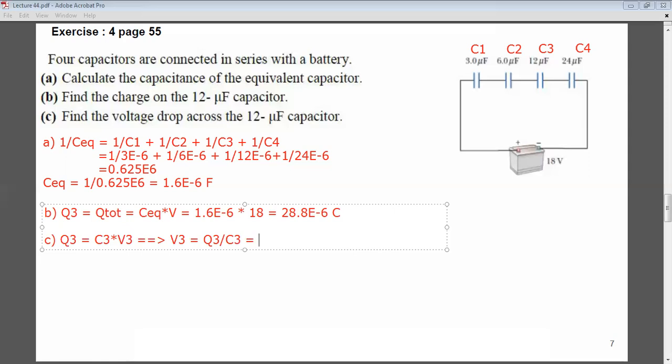This is equal to Q3, 28.8 e to the minus 6, which is the same as Q total, divided by C3, 12 e to the minus 6, and I get the answer 2.4.